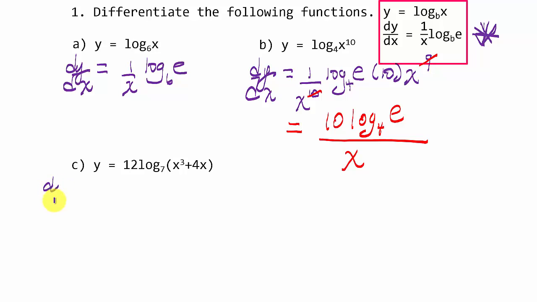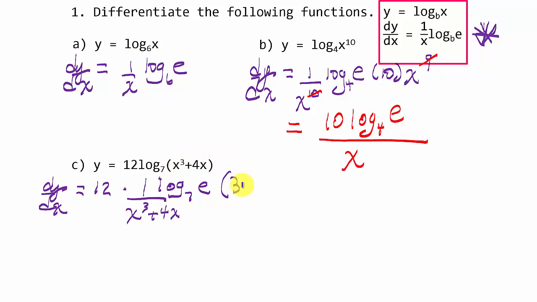Next, dy/dx is equal to, this 12 is just a coefficient out front, so it can stay out front. Following this format, we're going to have 1 over x, but in our case, 1 over x cubed plus 4x, log base 7 of e. Now, again, chain rule, finding the derivative of what's inside, times 3x squared plus 4.